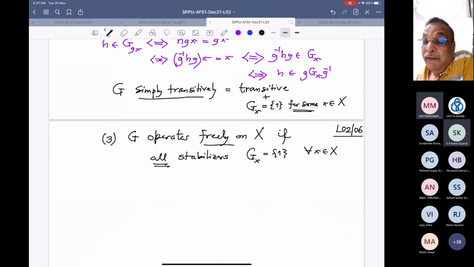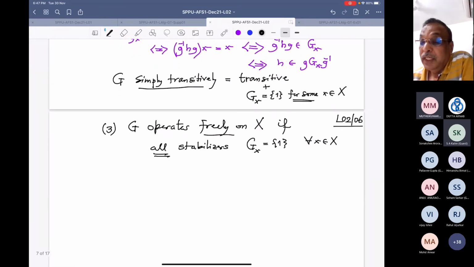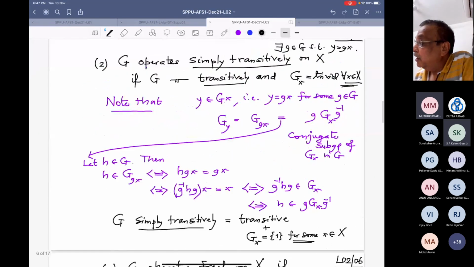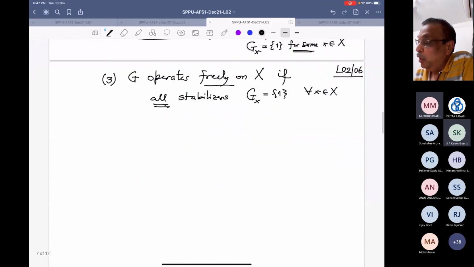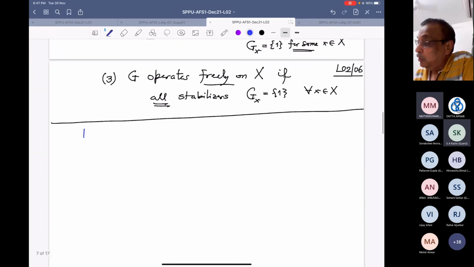Now, in this case, that I will say later. But now let us see more examples of all this. So lots of examples we will see. All right.